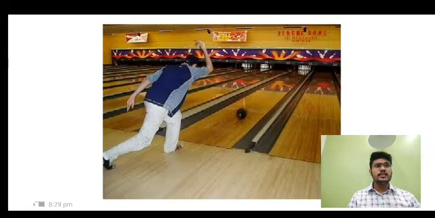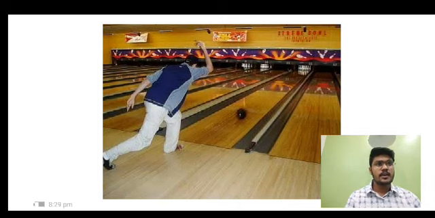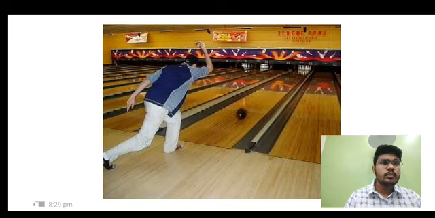And here you can see the man is happily playing in the club. He is rolling a ball, and the ball will hit those bottles and they will fall and he gets some score. We don't care how many points he is getting, but we should concentrate on this point.